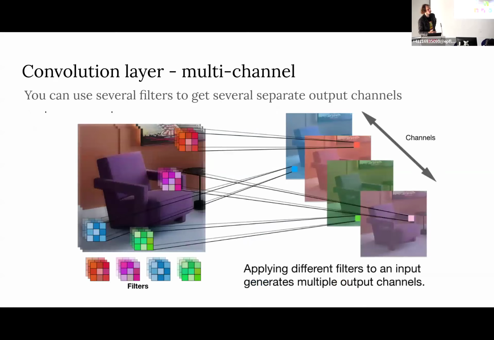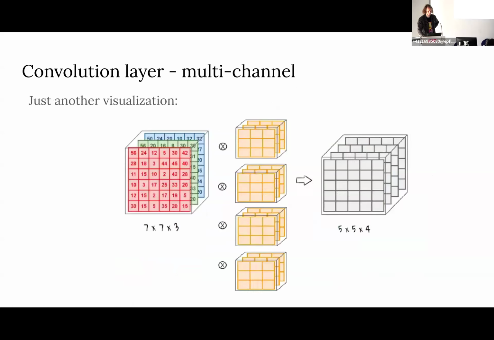If you want to have multiple output channels, you will need many filters. Let's say you want to have 4 output layers. This would mean you would need 4 red filters, 4 blue filters, and 4 green filters. And you stack them together to get this 4-channel output after your convolutional layer. Maybe this visualization is not clear, so let's look at this one. You want to have 4 output channels, and your input has 3 channels.